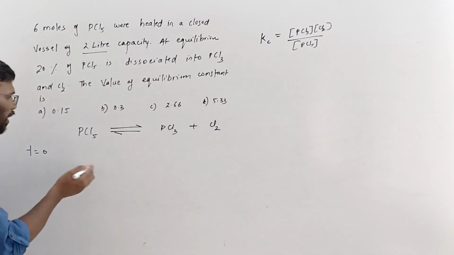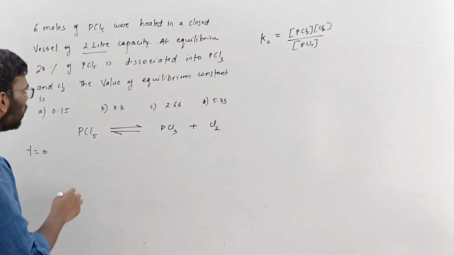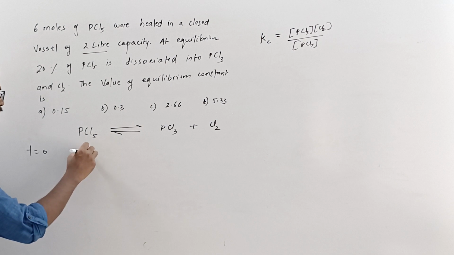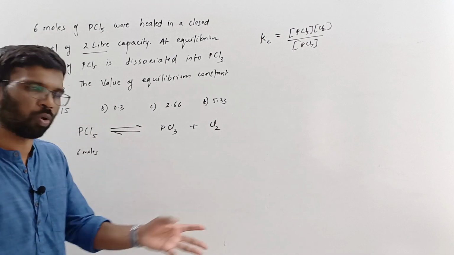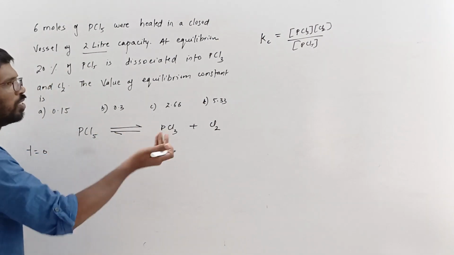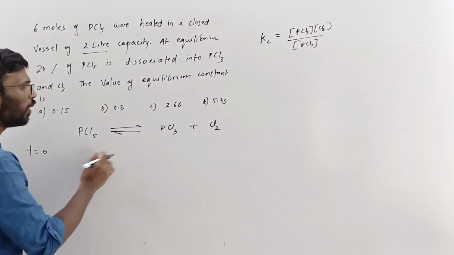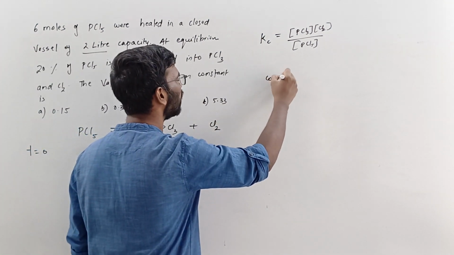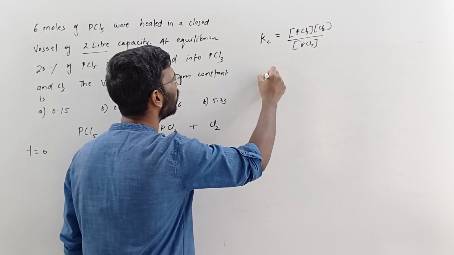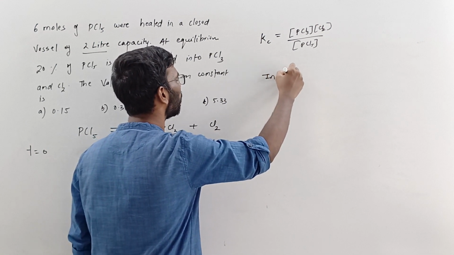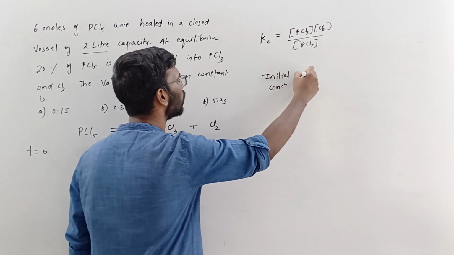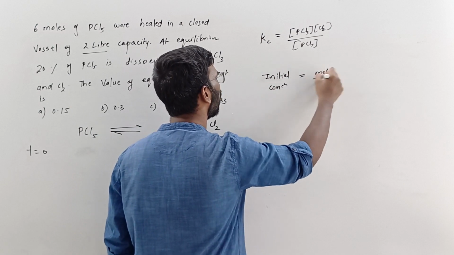So here, this is at time t is equal to 0. What is the concentration? Are you going to write 6 moles directly? No, we have to write the concentration. Concentration is moles per liter. So the initial concentration is what? How is it given? Moles upon volume, no?